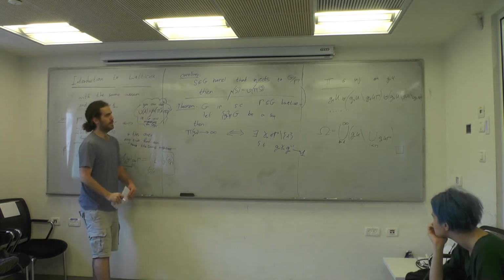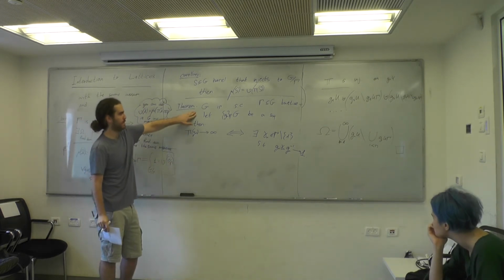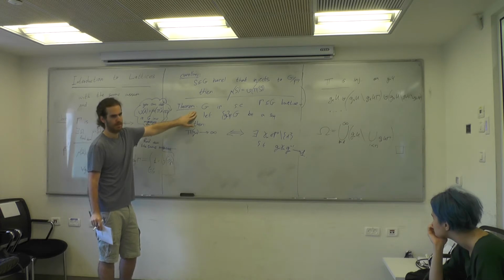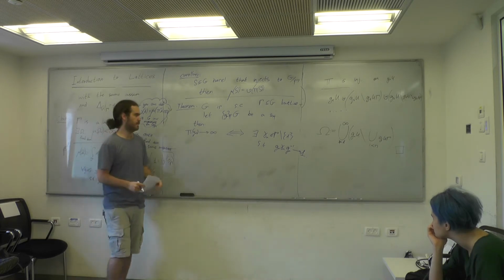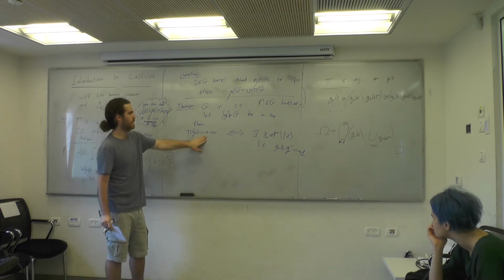So in our case, when G is a second countable, locally compact topological group, then G is metrizable. Then it tells us exactly when G mod gamma is compact.